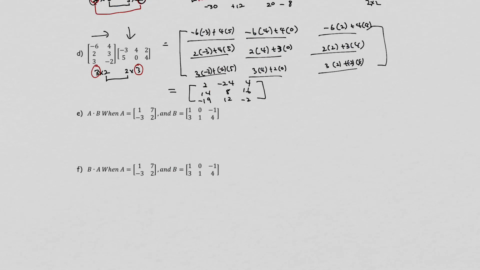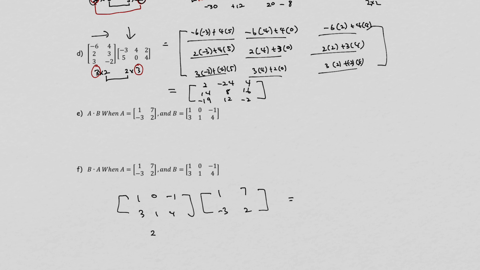Okay. So when we're looking at F, this is going to be matrix B times matrix A. So when we write it, we'll have 1, 0, negative 1, 3, 1, 4 multiplied by 1, 7, negative 3, and 2. Will we be able to multiply? Well, I don't know.